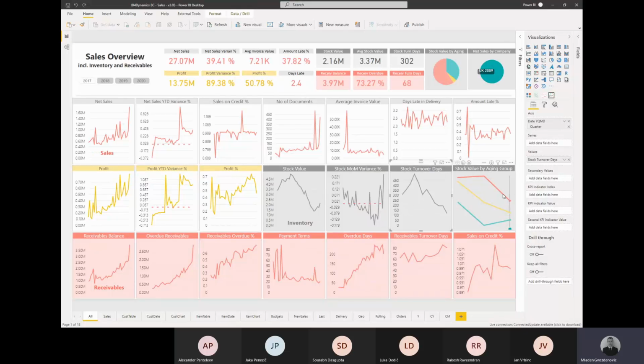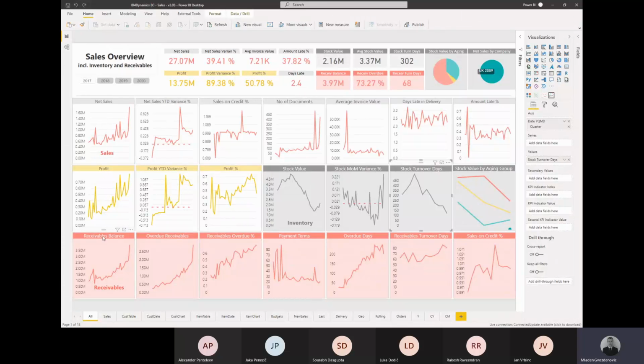And inventory aging, days: for how many days items are not moving in different aging buckets. Items not moving for more than a year, this is the value. Items below 100 days are green and in between yellow. So these are the KPIs for the sales, inventory information on the sales dashboard, and receivables.